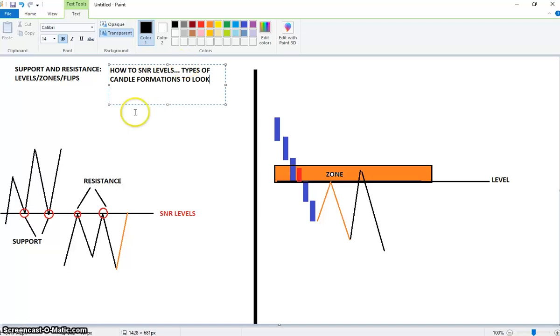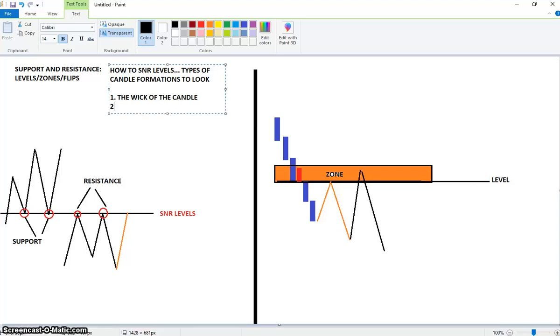Now you can either look at one, the wick of the candle. The wick of the candle, you can use it as an S and R level.